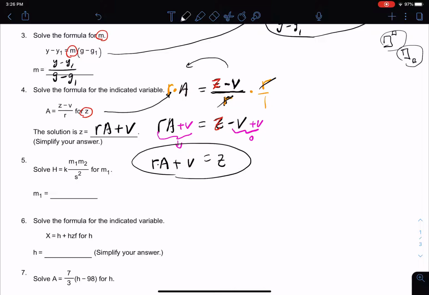I don't really have a problem if it's not, because R times A is exactly the same thing as A times R. It's not going to give us a different mathematical outcome, but if you have a really complicated problem, a lot of times you're going to try to get your variables like X, Y, Z, try to get them in alphabetical order so they're easier to identify when they look the same, right? So that is a convention that some books hold really, really close to.